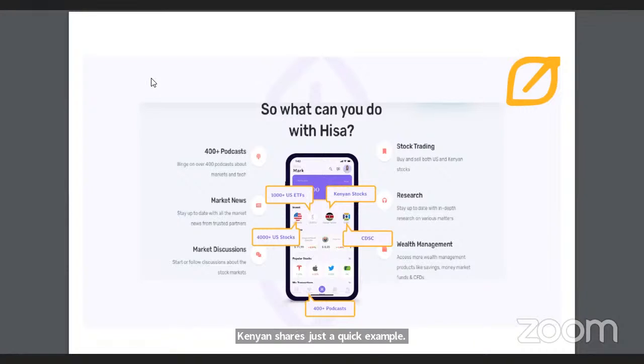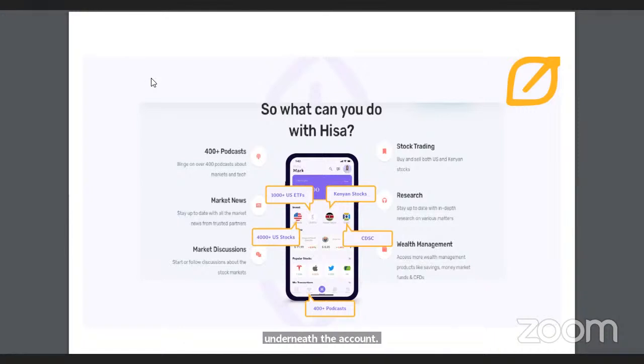Just a quick example. For a bank, you need to open a bank account to deposit money in a bank. And the bank account acts as a special identifier, which identifies that Anthony has this amount of money. This is Anthony's account. That's the same thing for Kenyan stocks.